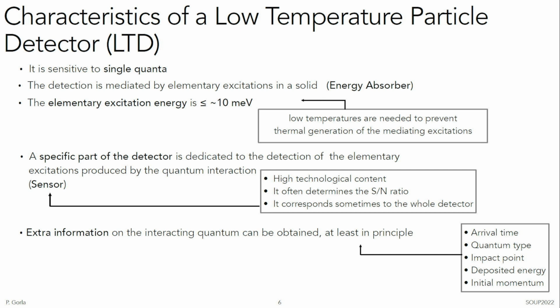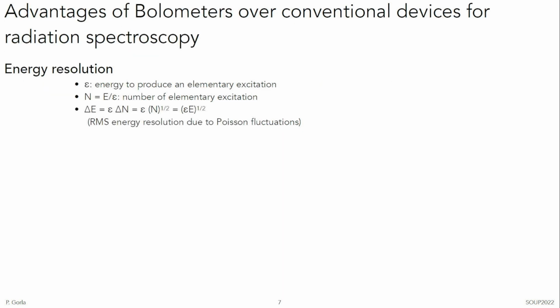But in principle, under some condition, you can also measure the type of impinging radiation, the position of interaction, and so on. But the real features offered by this detector are, of course, the time and the energy. Also about the time, there is some discussion that needs to be made.